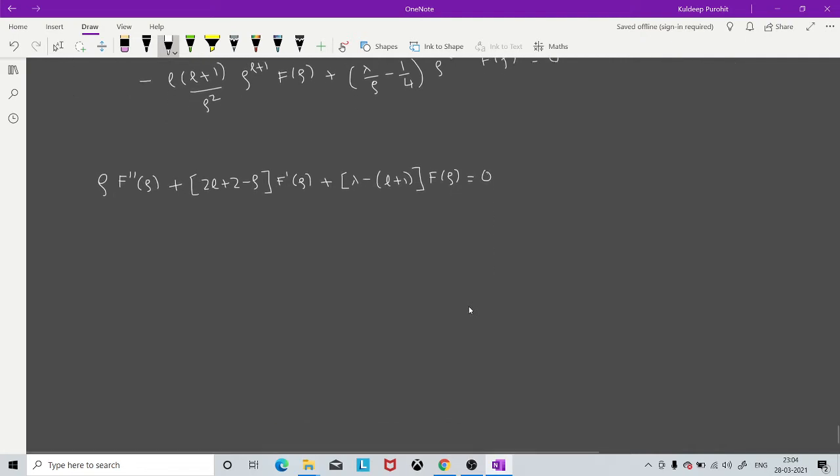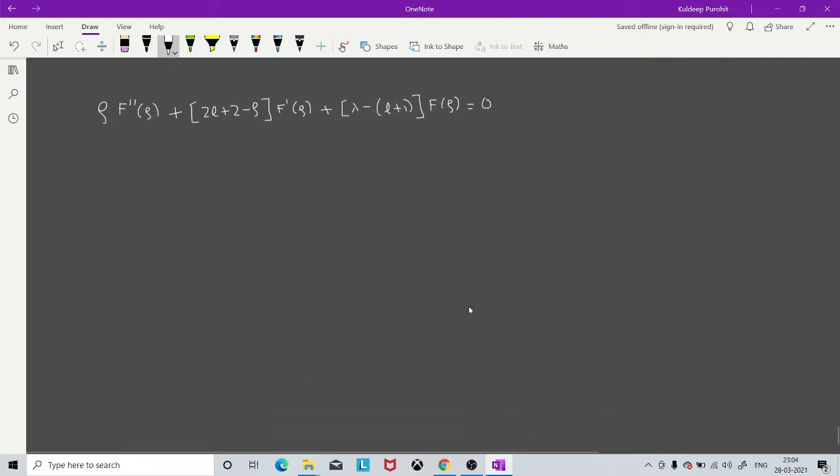So we know that we have defined f of rho as a power series. We have already done some problems with power series earlier.